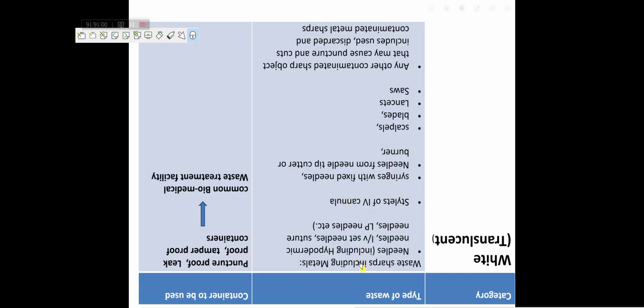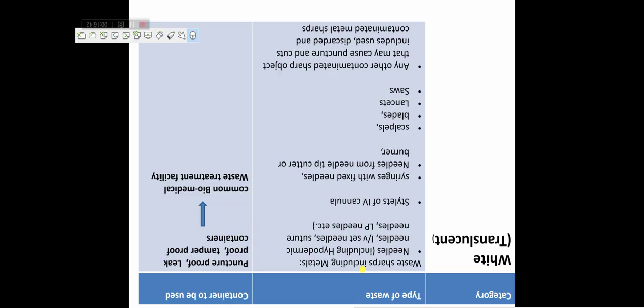Now coming to the white category, here there will be sharps. As we discussed, in the red one there will be plastics; here there will be sharps, right? Needles, all types of needles, cannulas, stylets, and syringes with fixed needles will be placed here. But in the red one, the needles will be removed if you are putting them in the red.